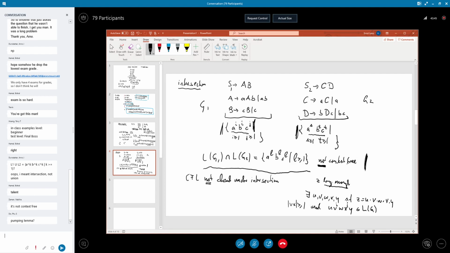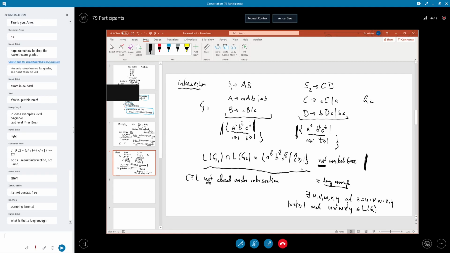That meant that in every case there couldn't be this decomposition, Z is U concatenated with V concatenated with W concatenated with X concatenated with Y, such that V and X are not both epsilon, and V to the I, W, X to the I, Y is again in the language.